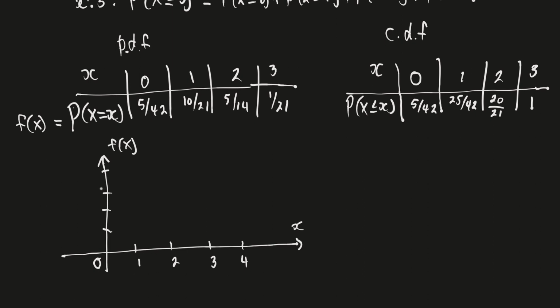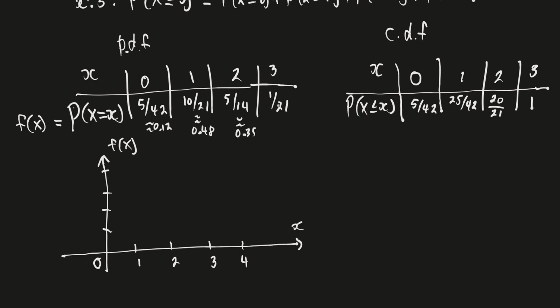Looking at these numbers, if you convert them to decimals, this one is approximately 0.12. This one is approximately 0.48. This one is approximately 0.35.